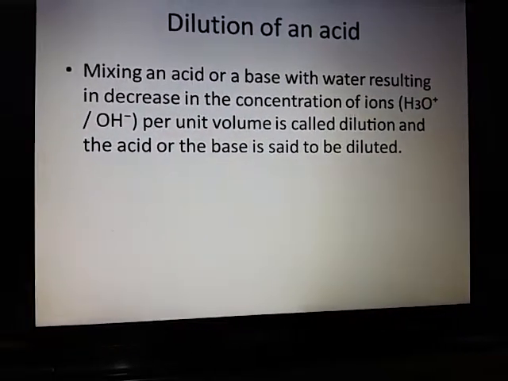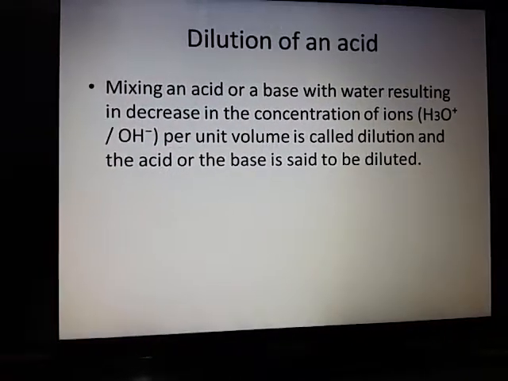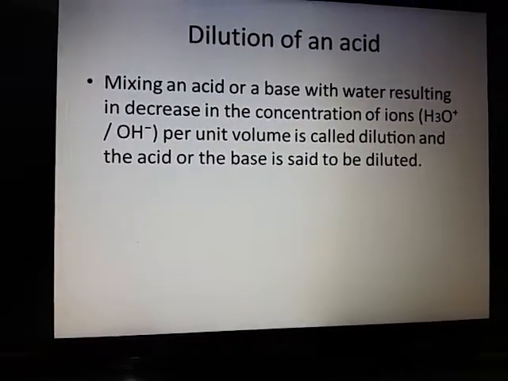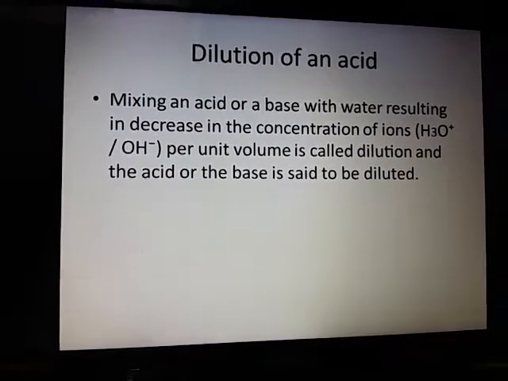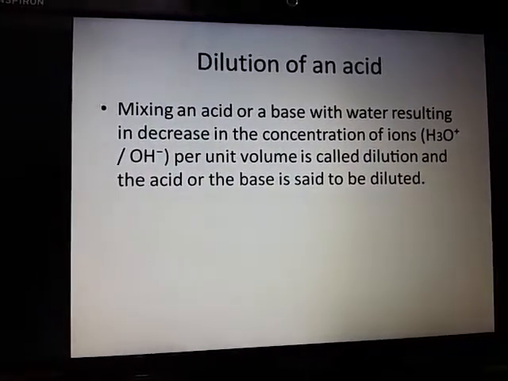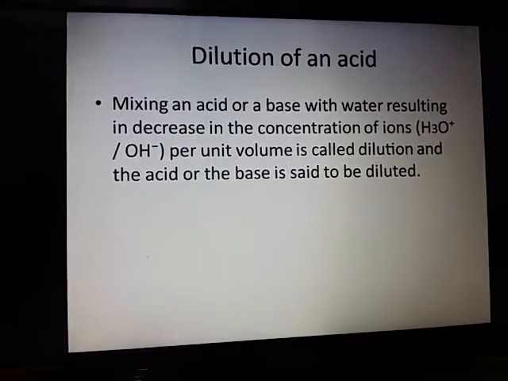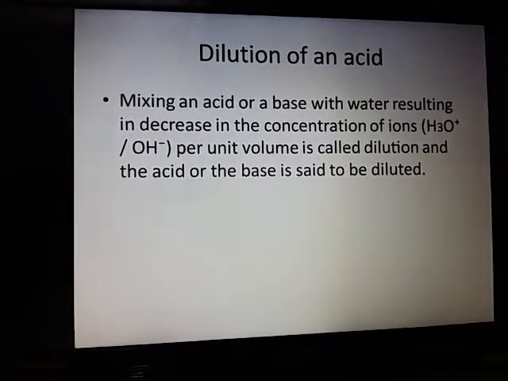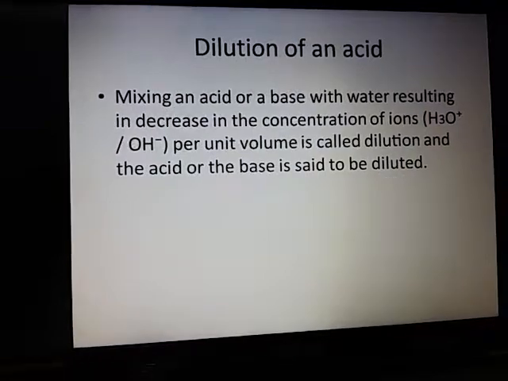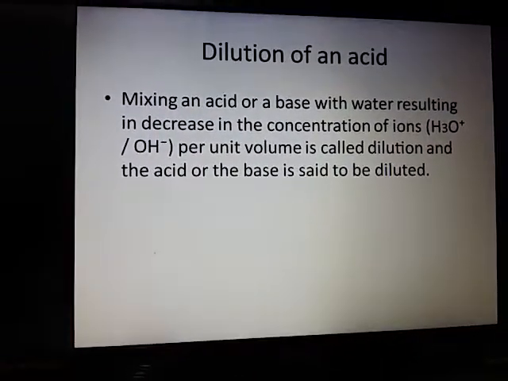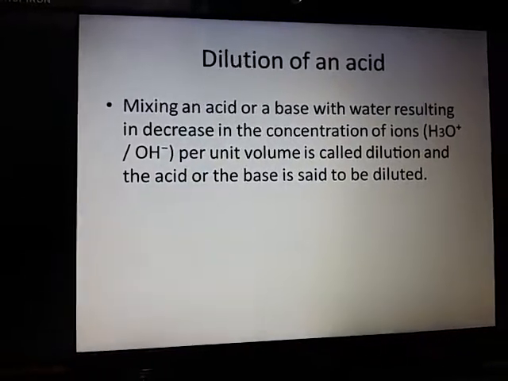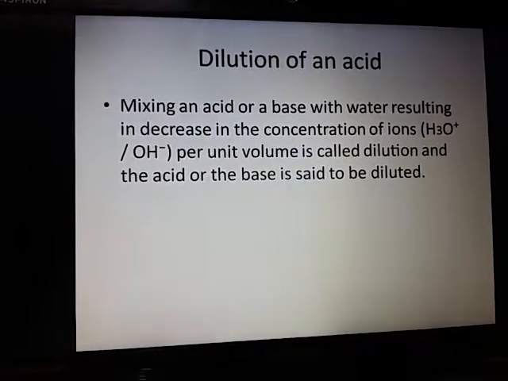So we change the concentration of the acid or base by adding the required amount of water to them. So it is known as dilution. So if more water is added to an acid, then it means that it has become diluted. Opposite of dilute is concentrated, right?